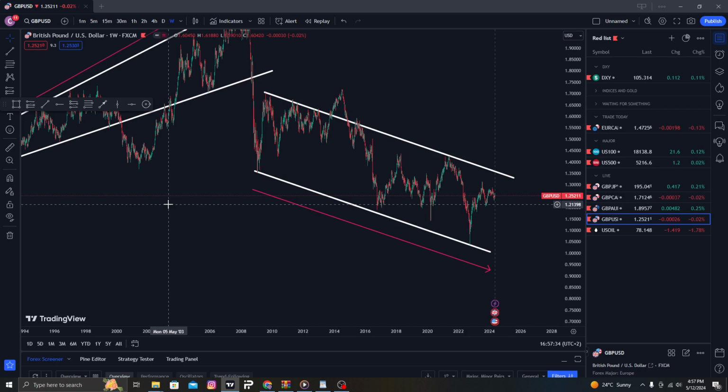Which point don't you understand, so I can explain quickly? The uptrend or the downtrend, or the whole concept of an uptrend and a downtrend.